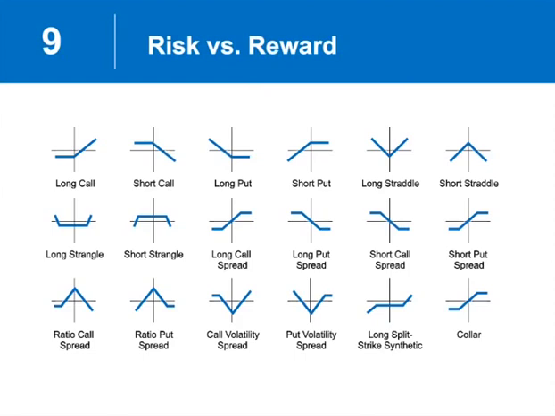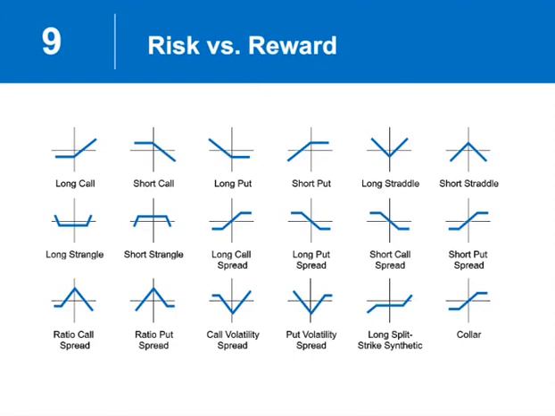On the put side, you make money to the downside. That's where we're net long calls or net long puts. And as the stock goes in the direction that we forecast, we're going to make some pretty good money. The long split strike synthetic I'm not going to get into, and the collar is basically a three-part position.